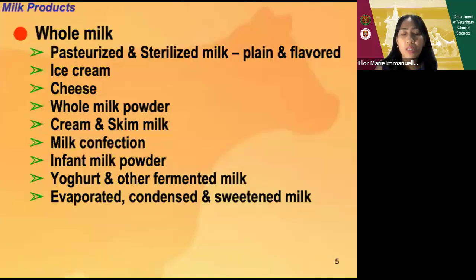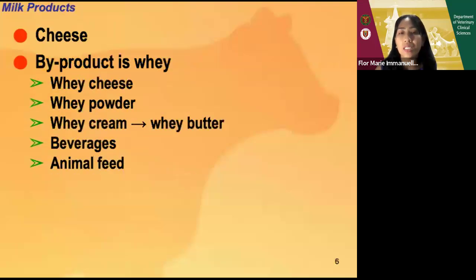Okay, focus more on the milk, no? Basically, this is just to list out what was in the flow chart. So you have your pasteurized and sterilized milk, ice cream, cheese, whole milk powder, cream and skim milk, milk confection, etc. So yan na yung first level kanina. And then next in your cheese, kanina meron tayong second level and the many different kinds of cheese, such as also whey cheese. And more importantly, your byproduct is whey, which I already explained earlier.